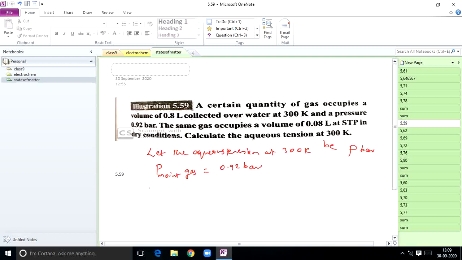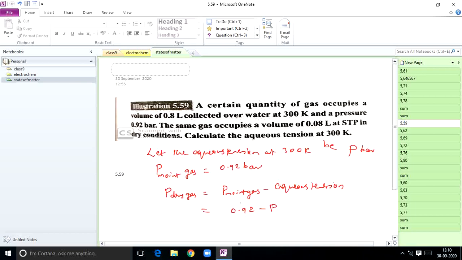So here the pressure of the dry gas is equal to, what is the formula? Pressure of the moist gas minus aqueous tension. Do you remember? Aqueous tension. So pressure of the dry gas is equal to pressure of the moist gas, 0.92, minus aqueous tension, we don't know, that is P. Okay, P represents here aqueous tension.